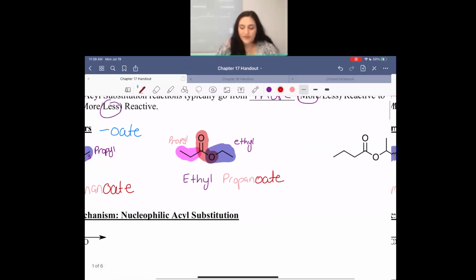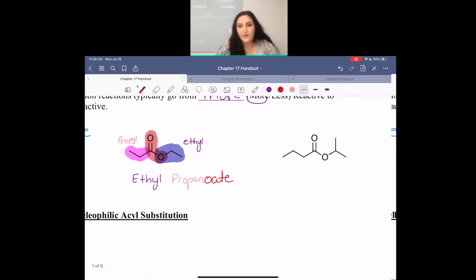I think I have one more example. Yes. Okay, so this guy is actually special, and I put him there because Dr. S will sometimes try to trick you on this stuff. So what is the common name for this substituent?